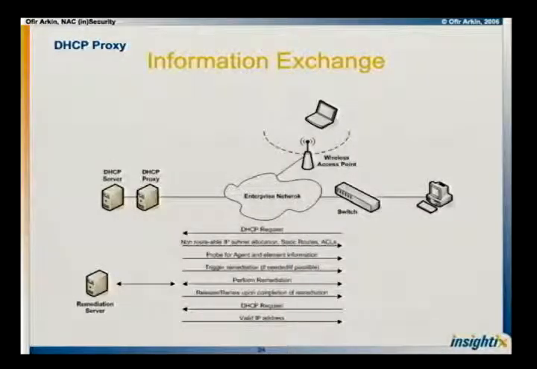Then the DHCP proxy software, which is more than a DHCP proxy software, will try to probe for an agent software on the element. Will try to assess the security of that particular element. If remediation is needed, it will introduce the element to the appropriate remediation servers. And then through release and renew, you'll get an IP address when this has been remediated.